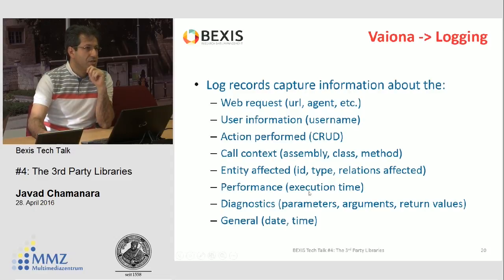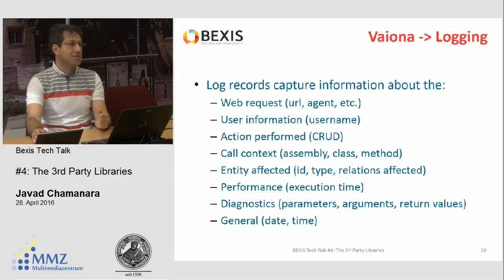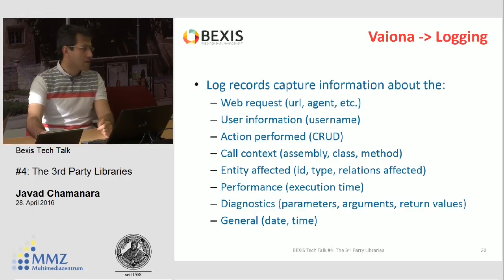Performance information is just the execution time, and with the diagnostic information, we capture the parameters and their arguments, and also the return values if the return values are not that big. By not that big, I mean that if it's an object, we call the toString function on the object, and if the return value of that toString is more than, I guess, a specific number, maybe 300 characters or so, we just truncate it to the first 300.